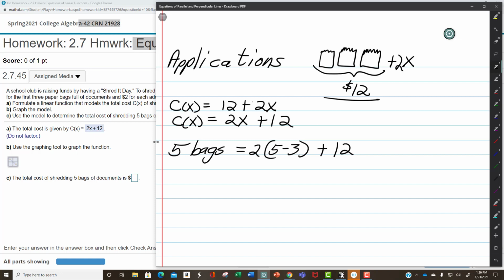So, 5 minus 3 is 2, right? So 2 times 2 is 4, plus 12. That's going to be 16. Now let's just see.